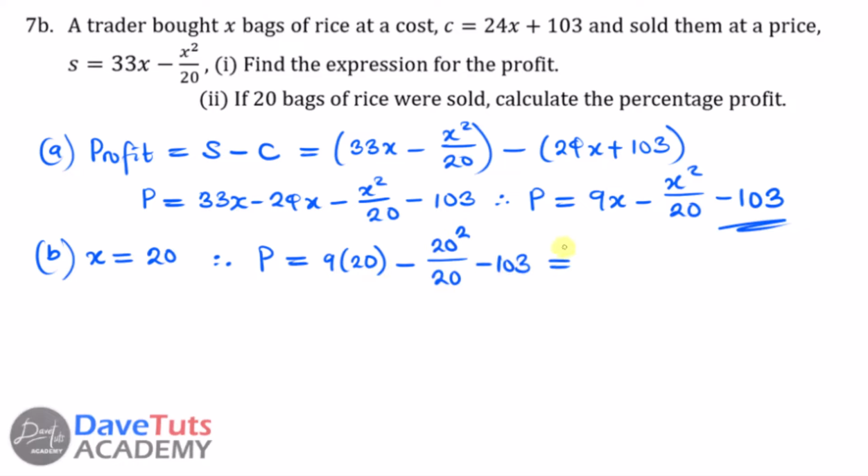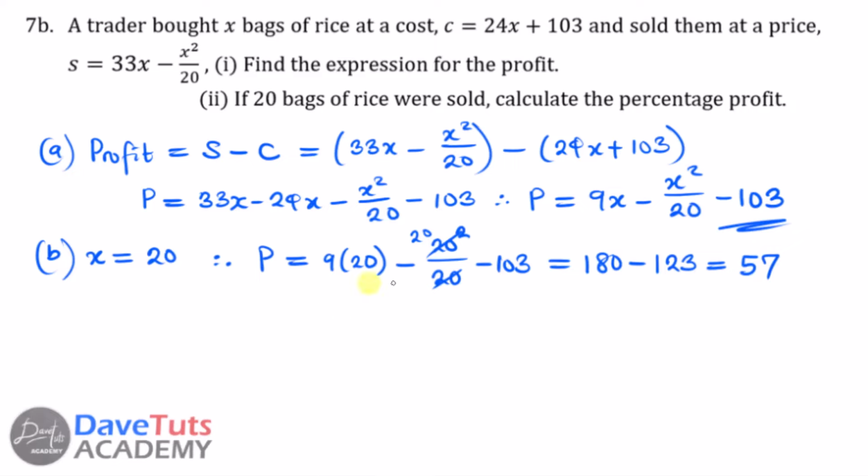Now 9 multiplied by 20 is 180. So here we can cut, it will remain only 20. So we have 180 minus 20 minus 103. That's 180 minus 123, and I think that will be 57. So the profit for this one is 57.